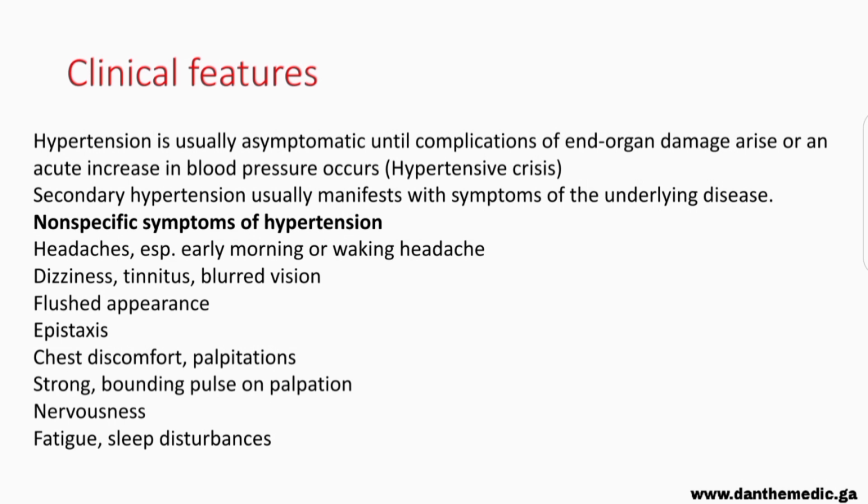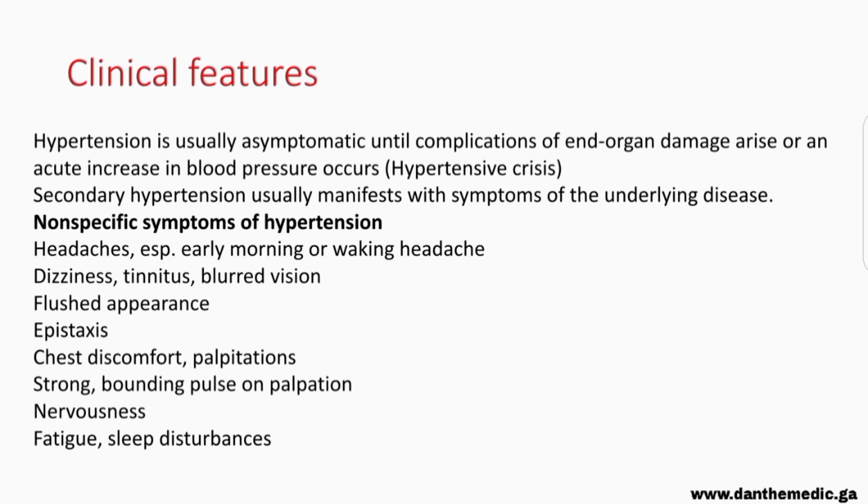We have hypertensive urgency and hypertensive emergency. Hypertensive urgency is when this increase in blood pressure is not accompanied by any end organ damage. But hypertensive emergency is when we have end organ damage accompanied with this hypertension.